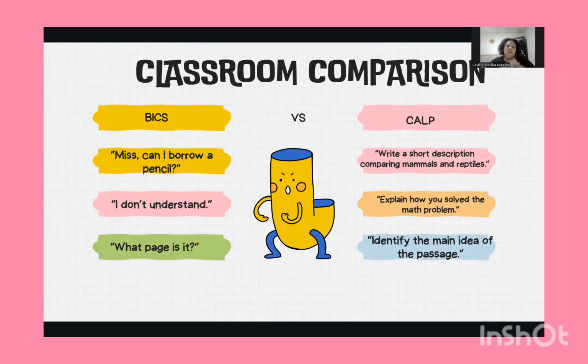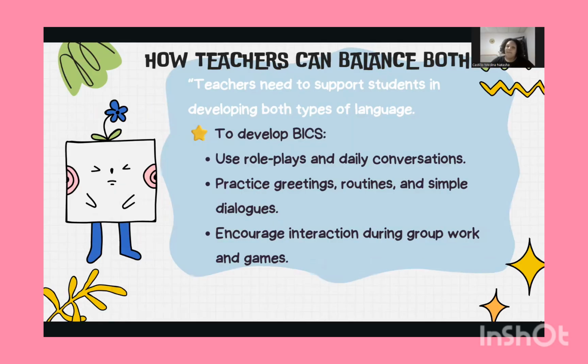For BICS, we have: Miss, can I borrow a pencil? Versus CALP, which is: write a short description comparing mammals and reptiles. BICS: I don't understand, versus CALP: explain how you solved the math problem. BICS: what page is it? Versus CALP: identify the main idea of the passage.